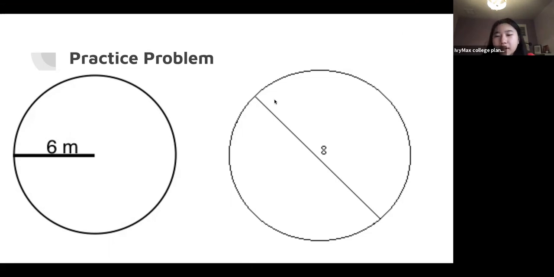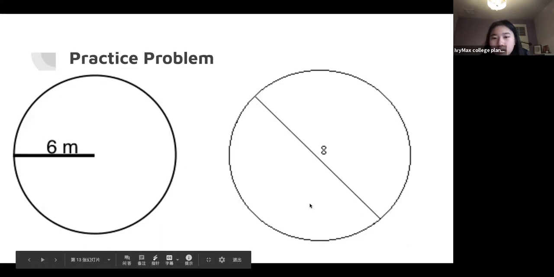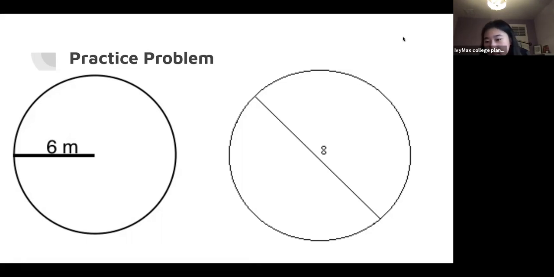Okay, so be careful, since for the second one the number they give you is a diameter, you need to divide by 2 first, and it will be 4 for the radius. And let's go with Elaine.